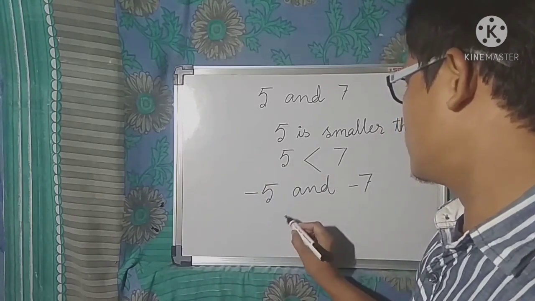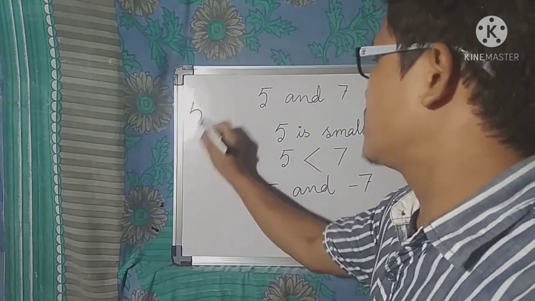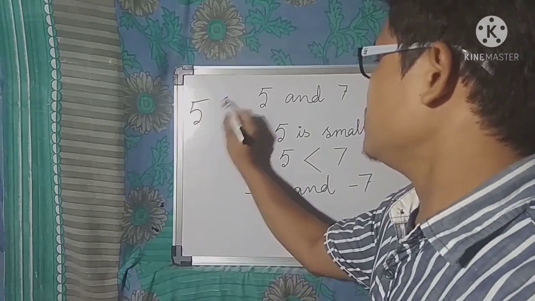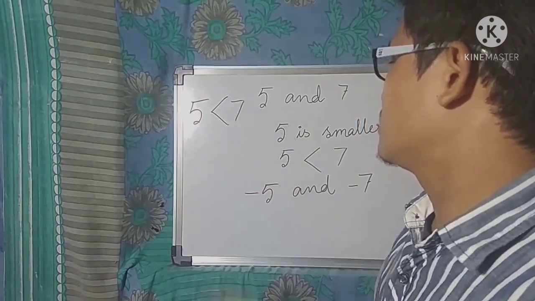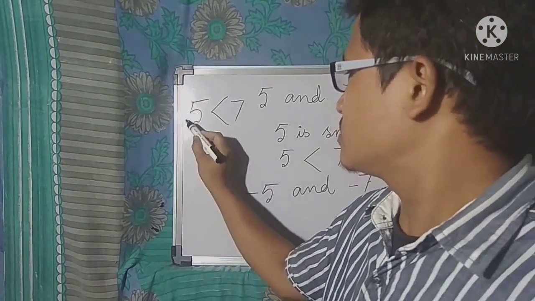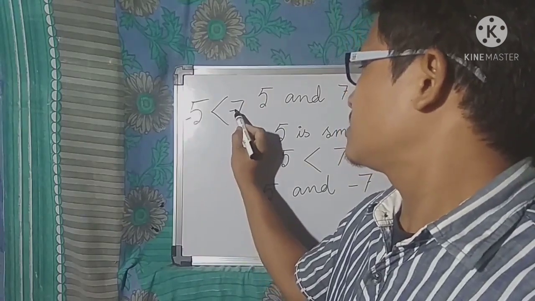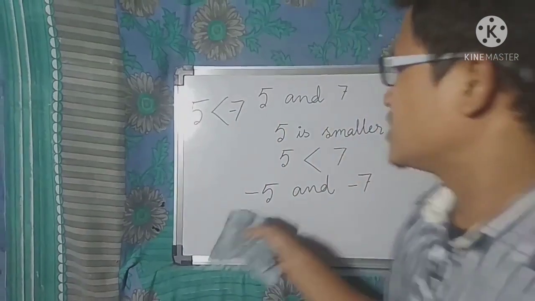First it was 5 is smaller than 7. Now if we put minus sign, then it becomes wrong.